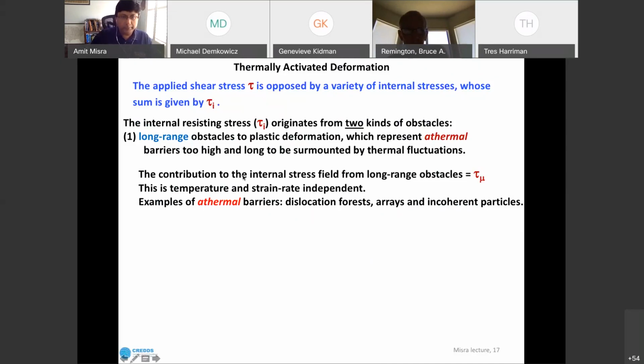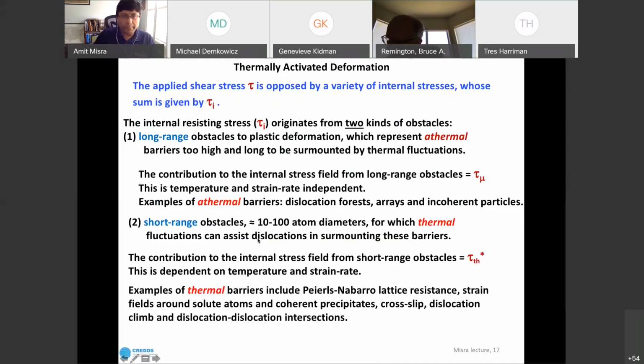The second kind of barriers that are more common are the short-range obstacles that could be even the lattice barrier from the crystal structure, from a few atomic dimensions to hundreds of atomic diameters. Now, this is a case where thermal fluctuation can assist the dislocation to overcome these kinds of barriers because they are more local and they are small scale, provided the thermal energy is high enough and there's enough time to overcome those barriers.